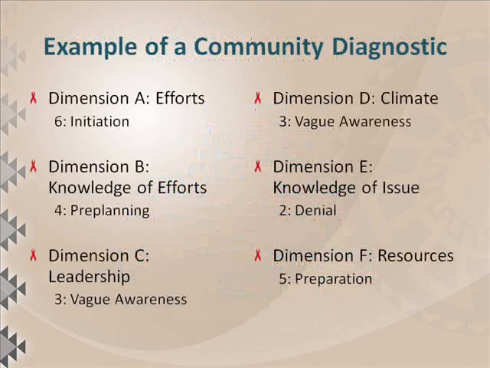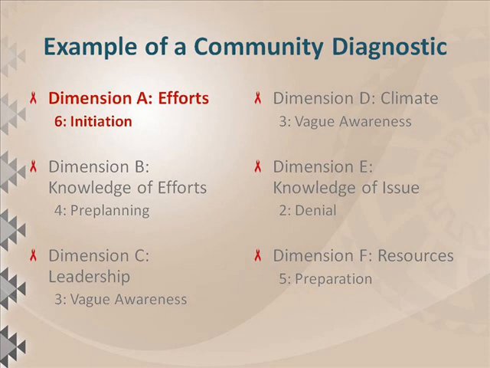The following is just an example of a community diagnostic that comes out of those interviews and the scoring process. As you can see, we can let a community know that Dimension A, which is the efforts, scored at a 6, initiation, which on that scoring means that the community has things in place from the community members' perception that have been running and that are available related to HIV and AIDS.